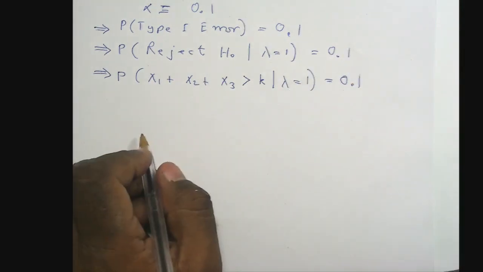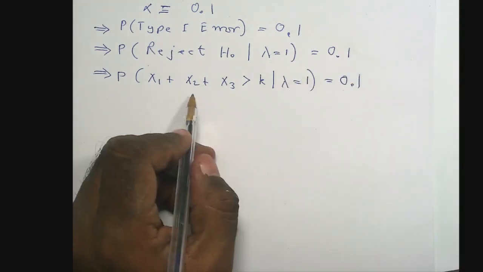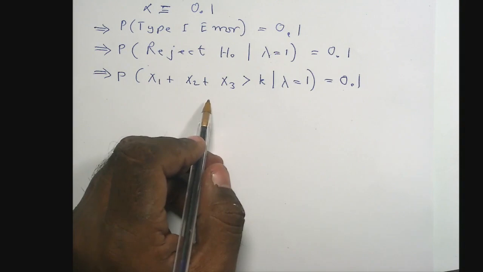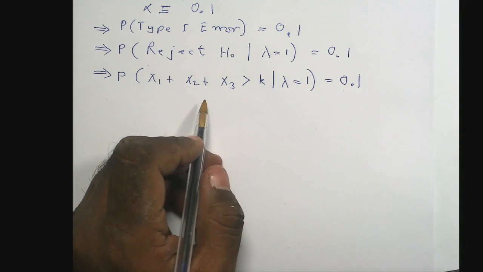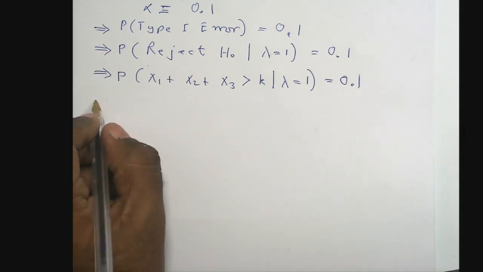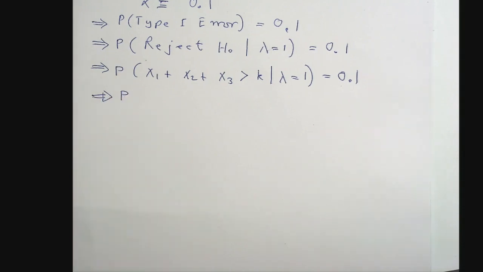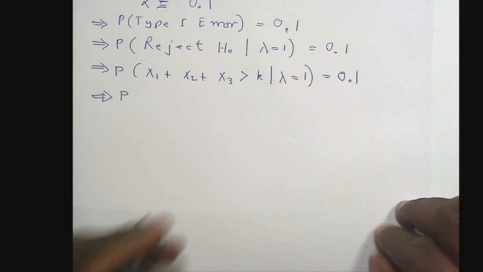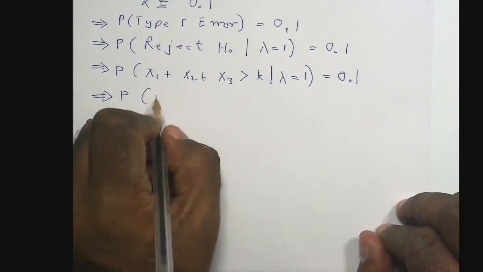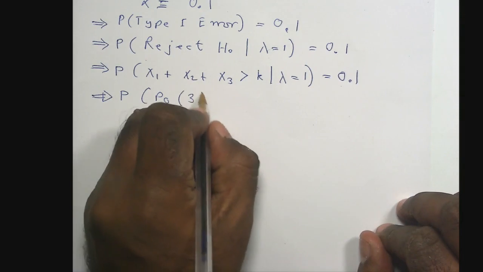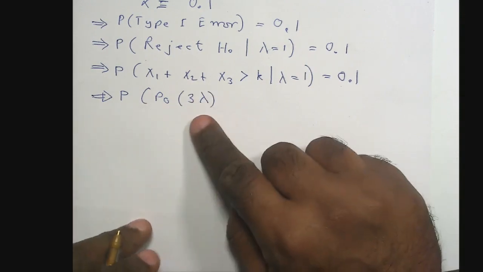Now x1, x2 and x3 are Poisson variables. There's a property of Poisson variables: if you have independent Poisson variables, then their sum is also a Poisson variable. So the sum of these three is a Poisson variable with the parameter being the sum of the lambda parameters.